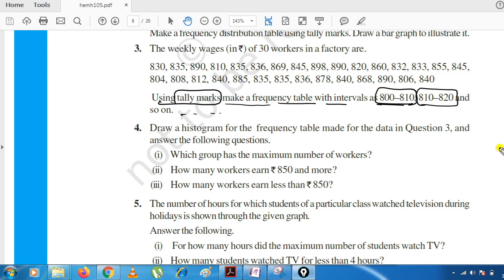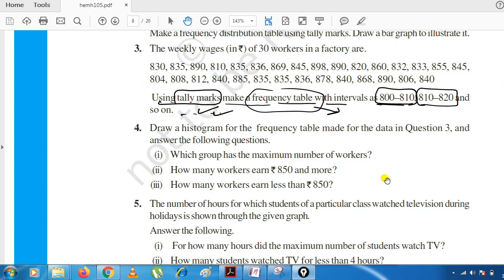Like this we have to take class intervals, and by making a frequency table with tally marks, we just have to make this frequency table. So let us see how we can make this frequency table using tally marks.